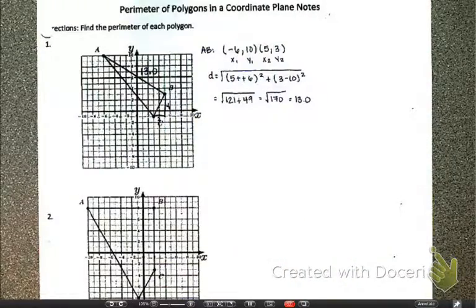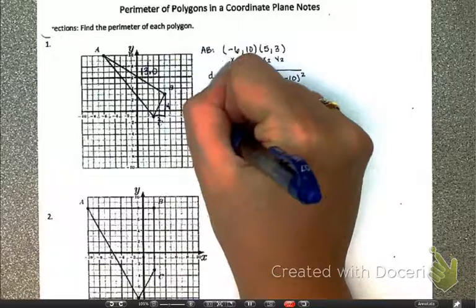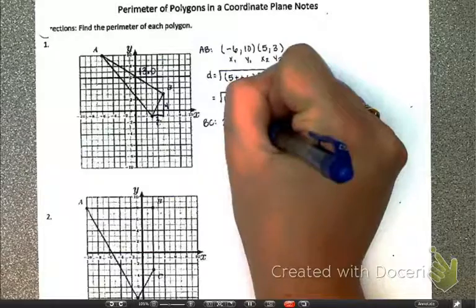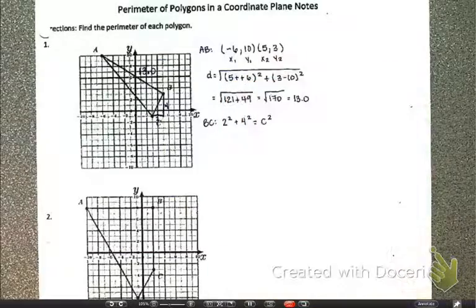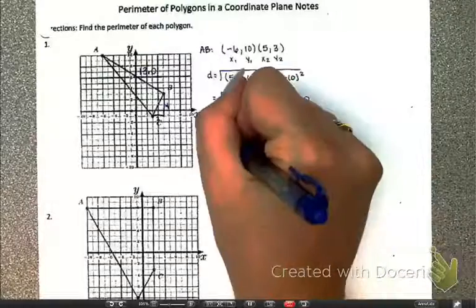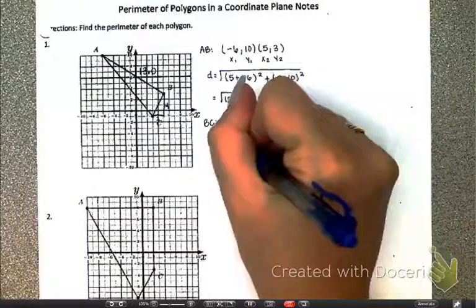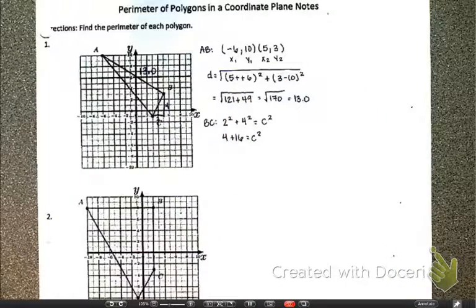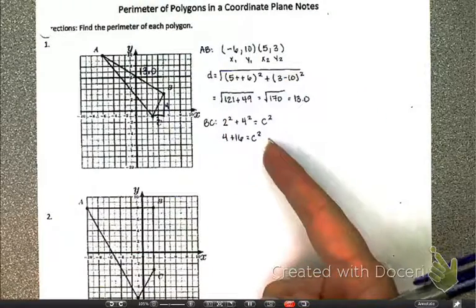Now Pythagorean theorem, and we're looking for BC, says a squared plus b squared equals c squared, which I don't know. 2 squared is 4. 4 squared is 16. Add them together and that equals c squared. And how do I get rid of that squared again?